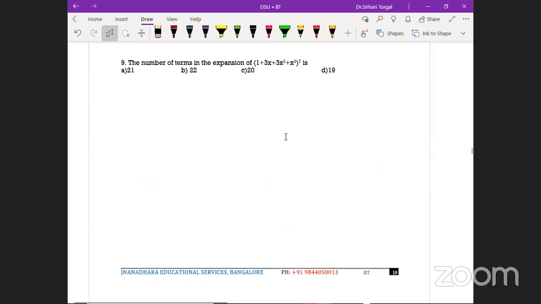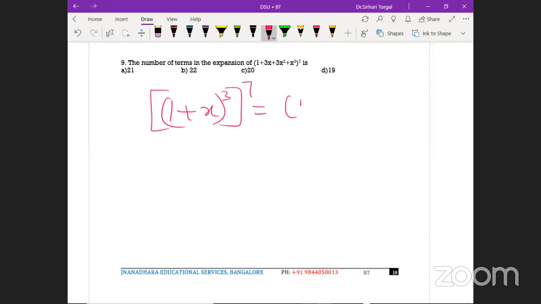The number of terms in the expansion of, how many number of terms are there? In the expansion of 1 plus 3x plus 3x square plus x cube, the similar type of expansion is there, correct? Whatever is inside, I can write it as 1 plus x whole cube, whole power 7. 1 plus x whole power 21.